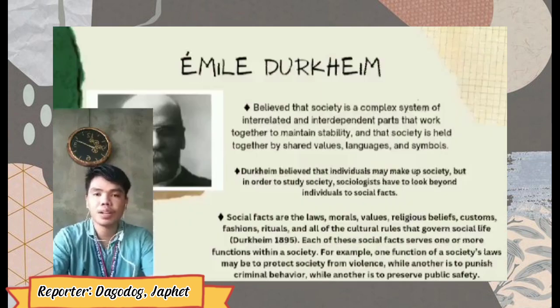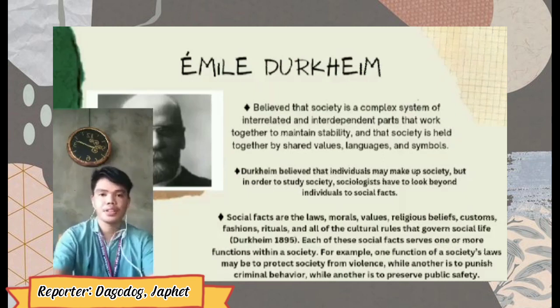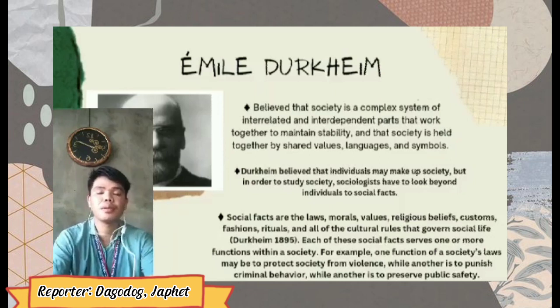According to Emile Durkheim, society is a complex system of interrelated and interdependent parts that work together to maintain stability, and society is held together by shared values, languages, and symbols.